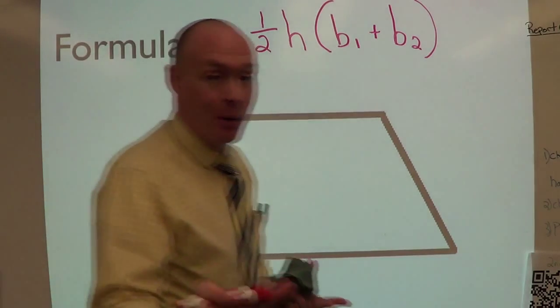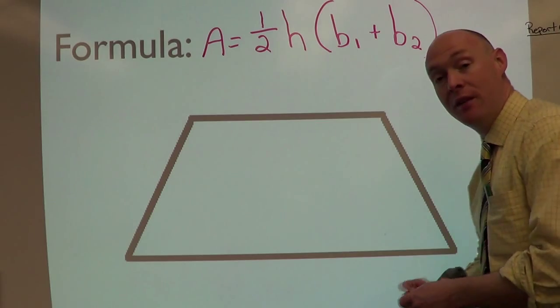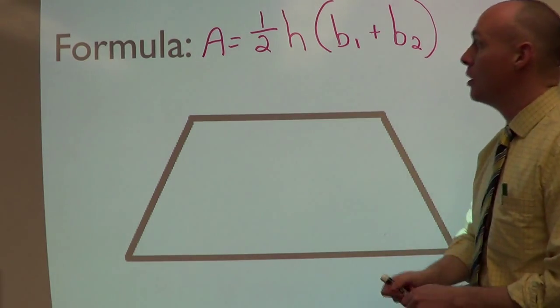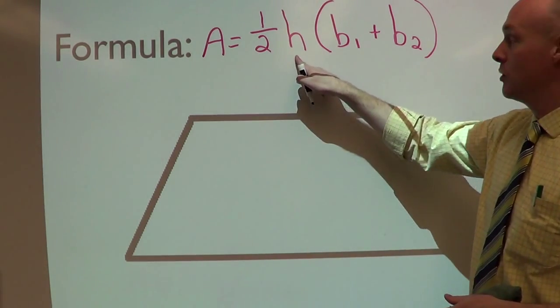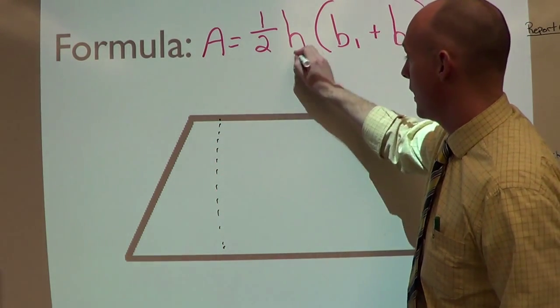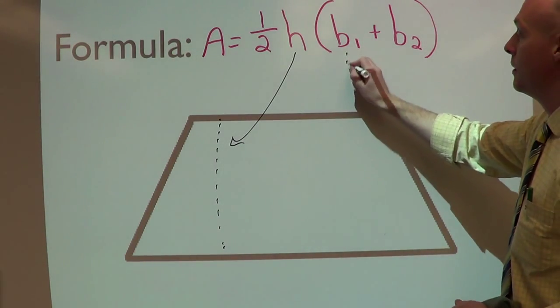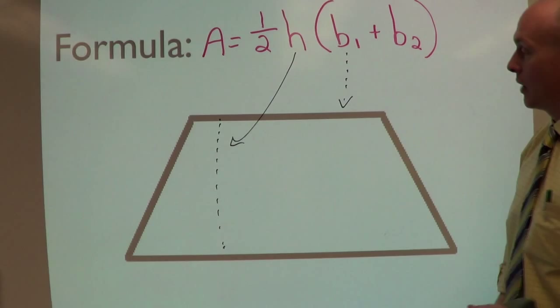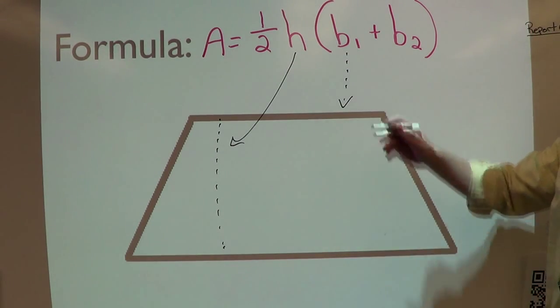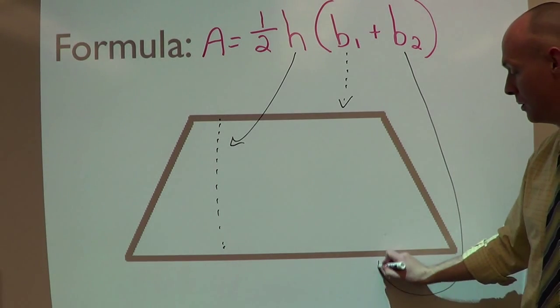Okay, I know it seems complicated, but if you think about it, it's pretty self-explanatory. We're just going to do 1/2 times the height. Now remember, the height is that. B1 is right there. To that, we're going to add B2.